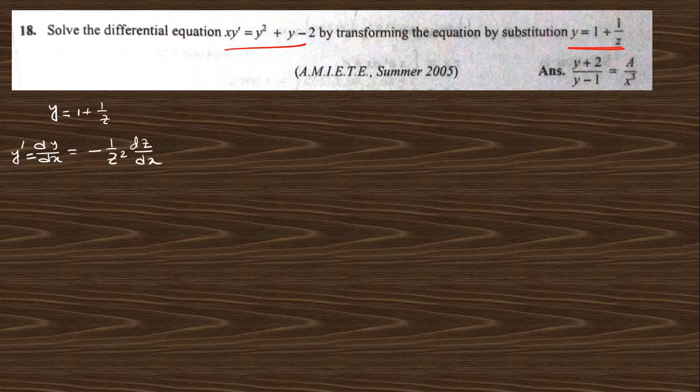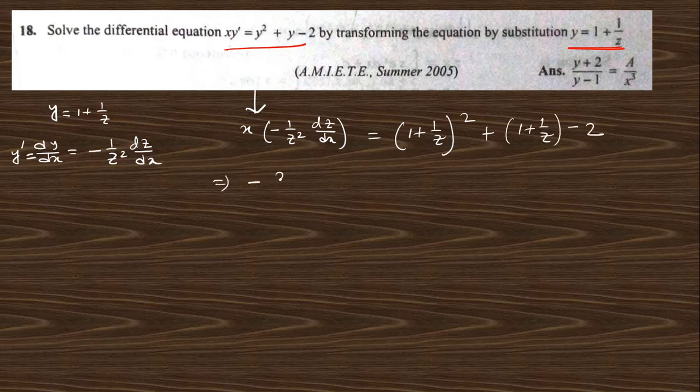So put in this equation: x dy/dx, that is minus x by z square dz/dx, equals y square. Y square means (1 plus 1 by z) whole square, plus y, that is 1 plus 1 by z, minus 2. So this is 1 plus 2 by z plus 1 by z square plus 1 plus 1 by z minus 2.